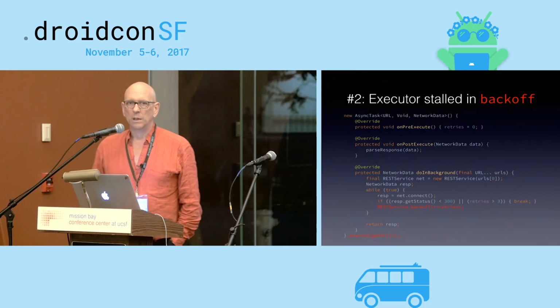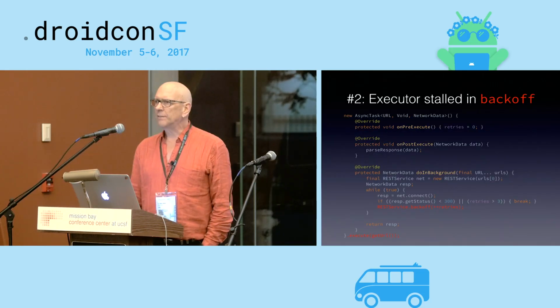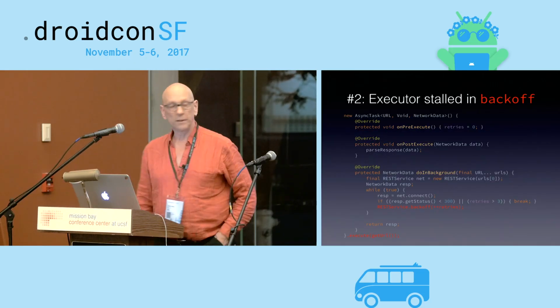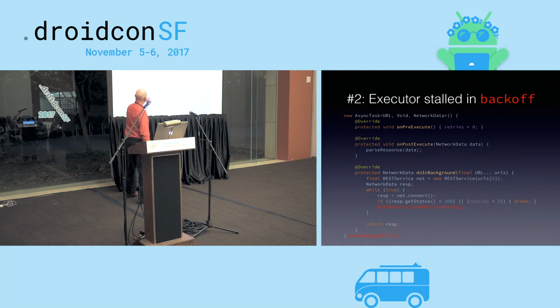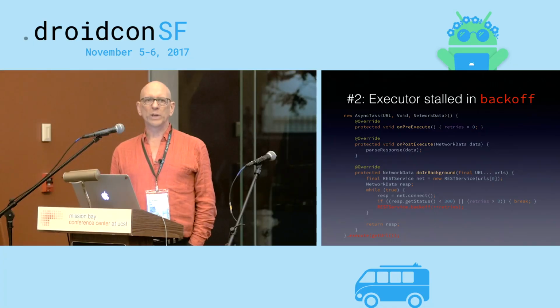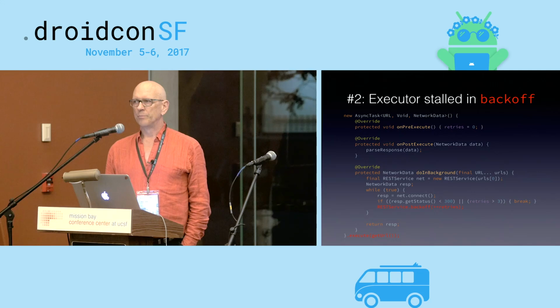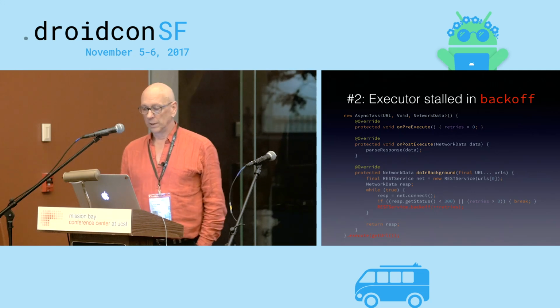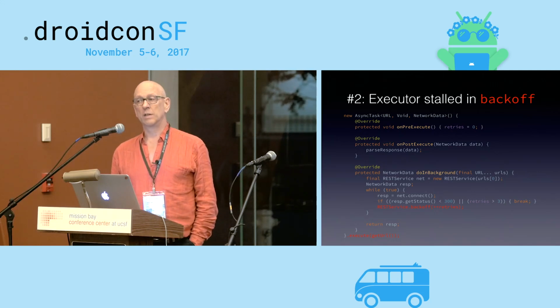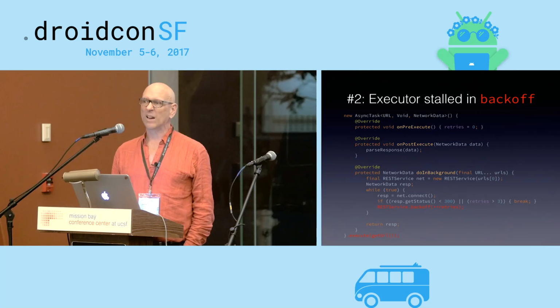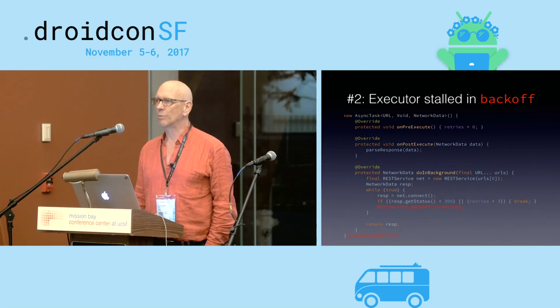The second thing is that the executor is stalled in this backoff. Once again, it's hard to see, but this code is retrying when it fails. When it fails, it is representing the delay before the backoff as a complete thread.